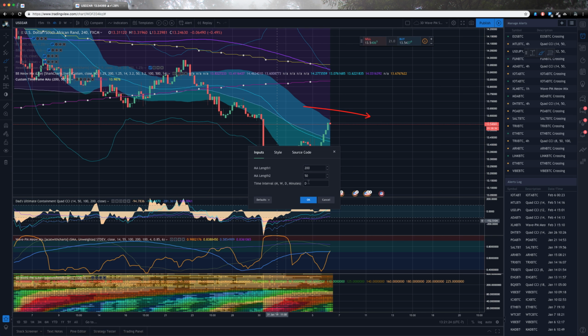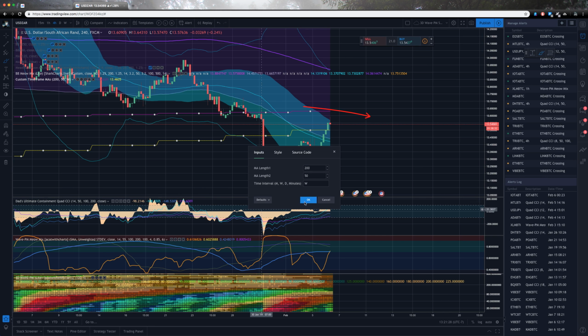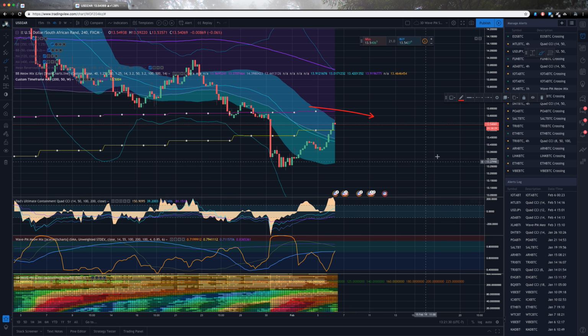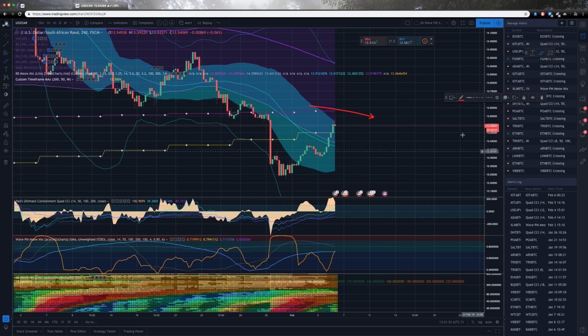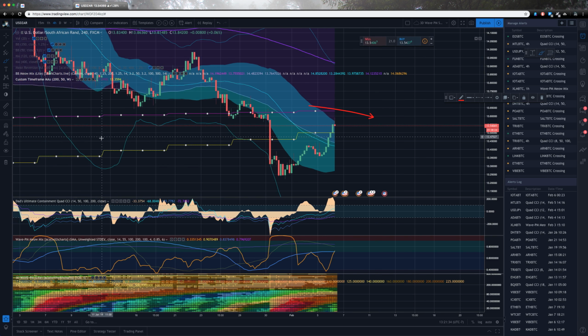There we go. Actually, we need to change that to weekly. Then hit save as default. Perfect. Okay. So ideally, we would want to put our stop loss above the weekly 200. And if that's the case, well, we're going to have to be a lot more generous with our stop loss, I'll be honest. Okay?